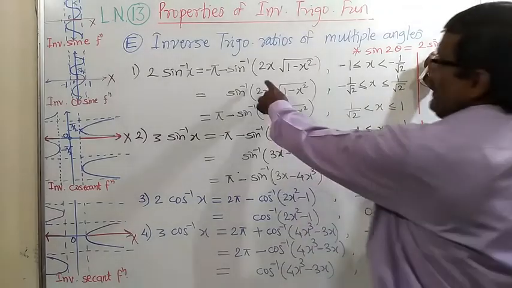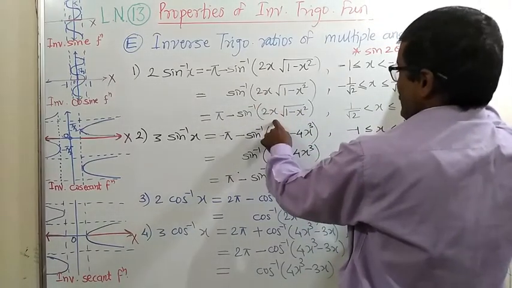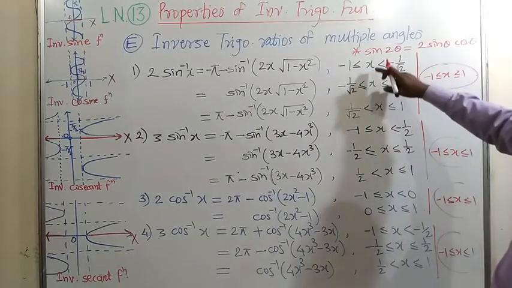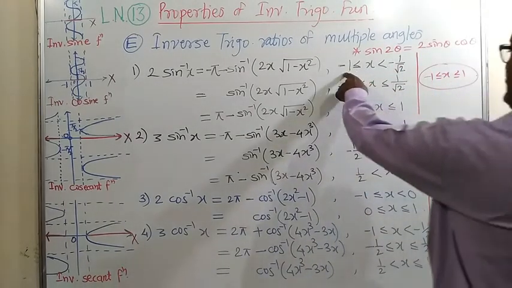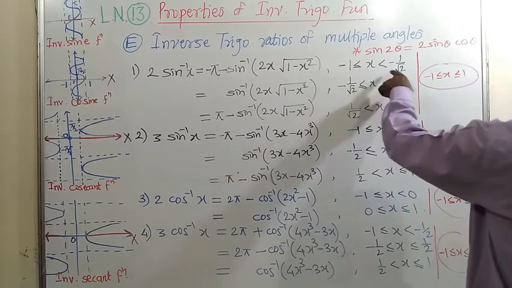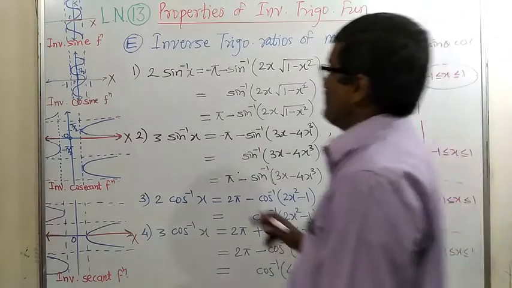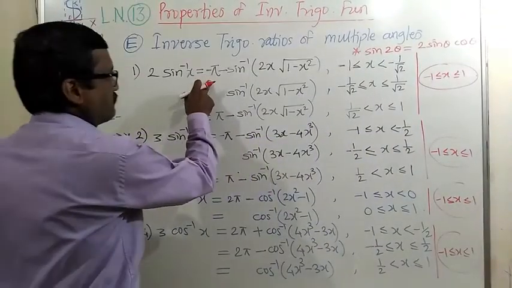So a similar formula we are observing in this bracket, but the difference is this interval -1 to +1 is divided into 3 intervals, that is from -1 to less than -1 upon root 2. In this interval, 2 sin inverse x is equal to -pi minus sin inverse of 2x root 1 minus x square.